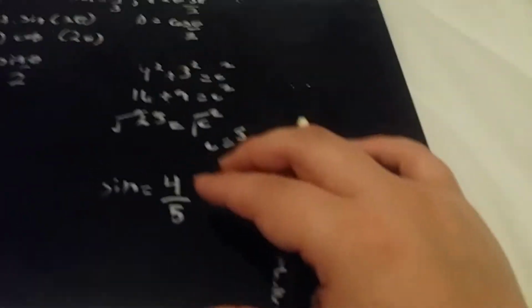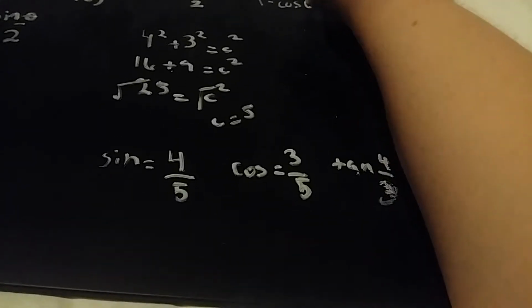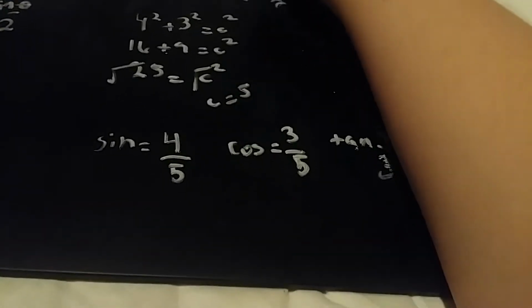We're going to erase it. For part C, it's a little different. We can't use the double angle identity. For part C, it equals sine theta over 2. We have to use the half angle identity. So when you look this up, this equals the square root of 1 minus cosine theta over 2.